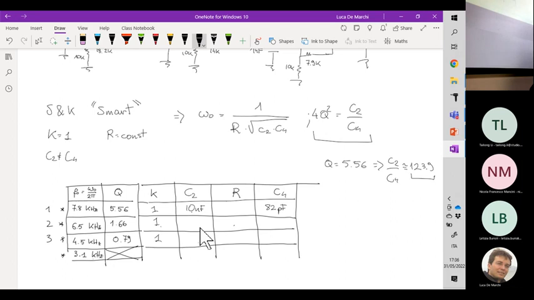In the second case, Q is 1.66. So luckily, the ratio between C2 and C4 can be much smaller, and you have several possibilities to realize the desired value. One possible choice is to set C2 equal to 2 nanofarad and C4 equal to 200 picofarad.